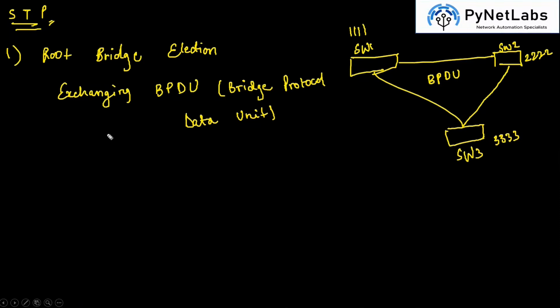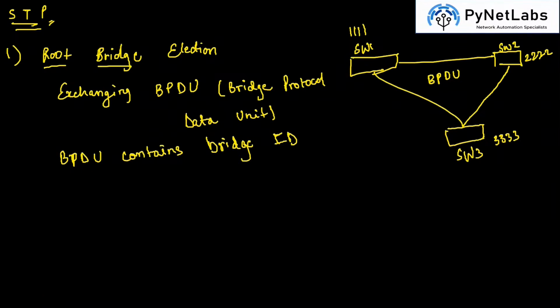Now this BPDU contains the bridge ID. What we are exactly learning here is that out of these three switches, one switch is going to be the root bridge. We are understanding how these switches elect that one switch, how they decide which switch is going to be the root bridge out of them.